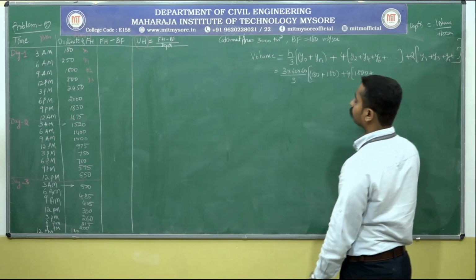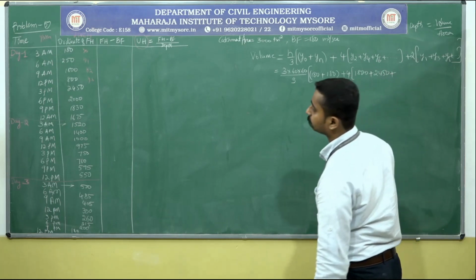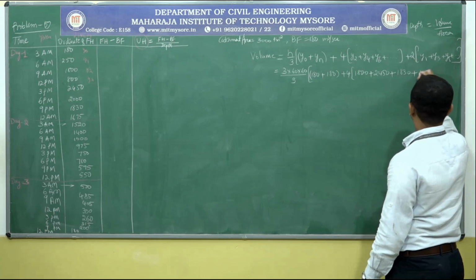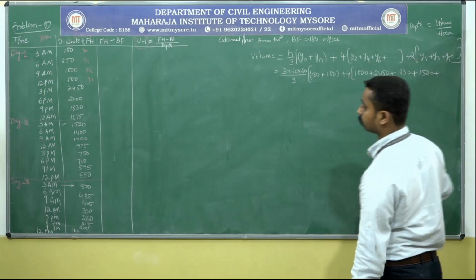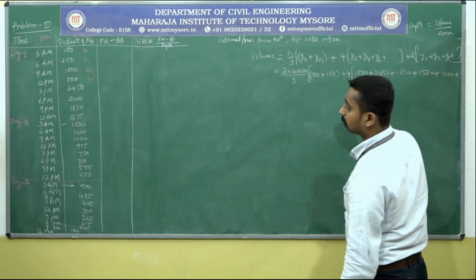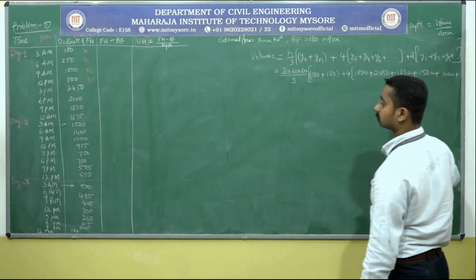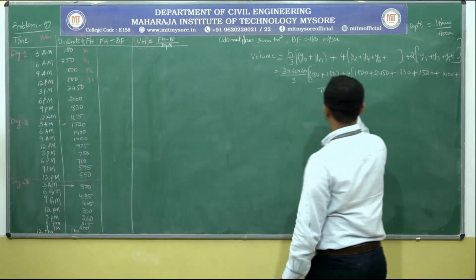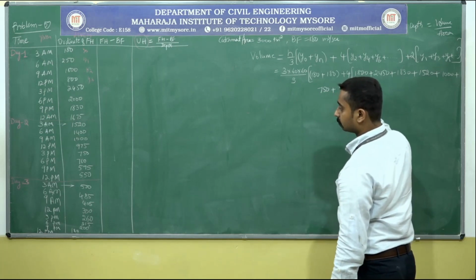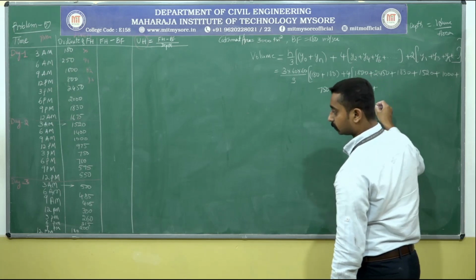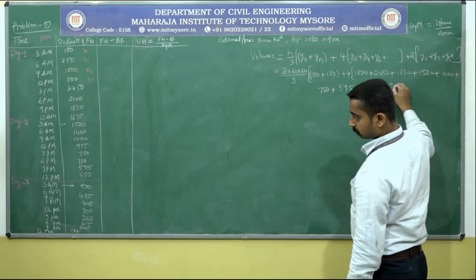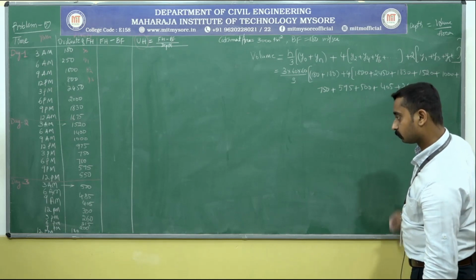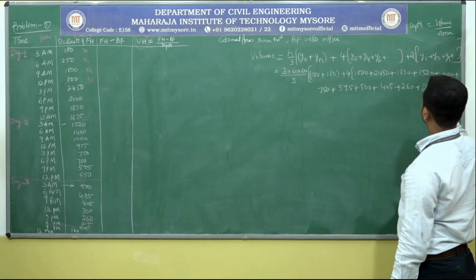Next is 2450, next 1830, next 1520, next 1000, then 750, next 595, then 500, then 405, after 405 260, after 260 you have 200. So these are the even ordinates.